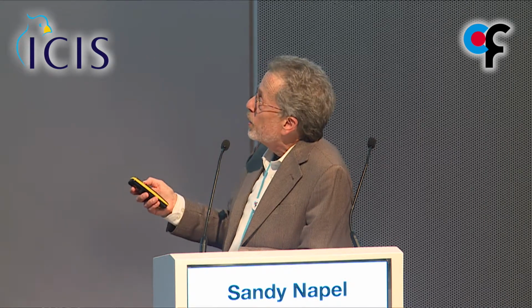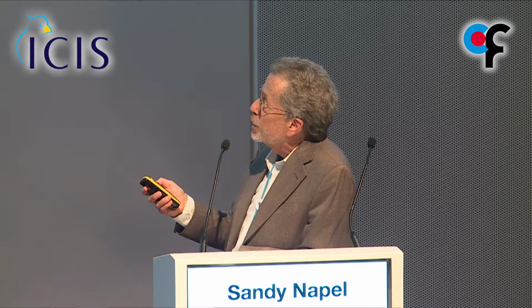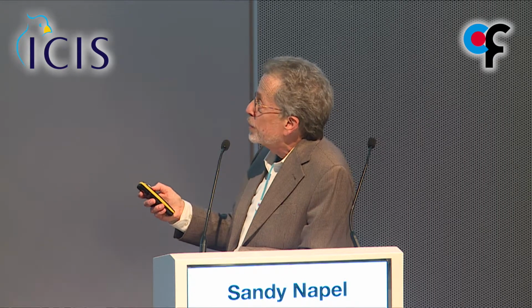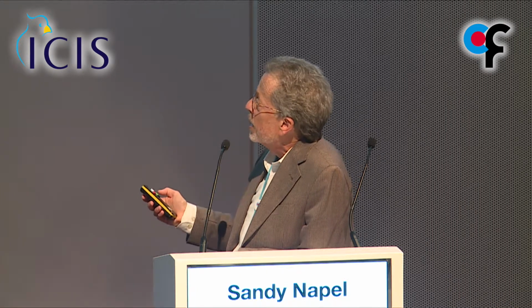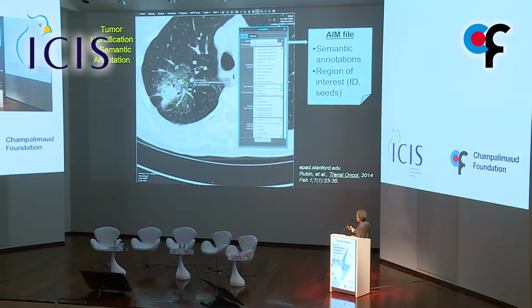So we'll start with tumor identification and annotating semantic features. Daniel Rubin and his group at Stanford have developed this software package which we use, which is called EPad, and it allowed us in our experiments to identify tumors here illustrated in a lung cancer by putting some geometric object on it.